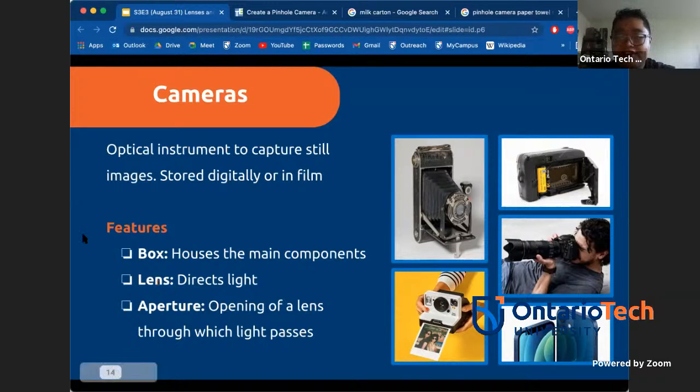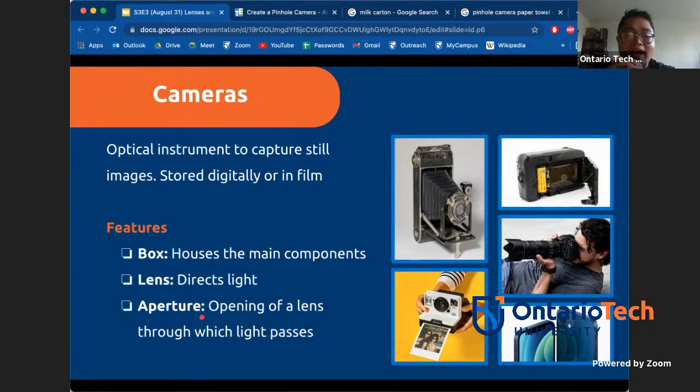Another important feature of a camera is aperture. It's part of the camera lens, and it controls the amount of light that passes through the lens. It's important to make sure that your photos are not overexposed, meaning that when you see the picture, it's not just a lot of light and you can't really see your object or your face if you're taking a picture of it.